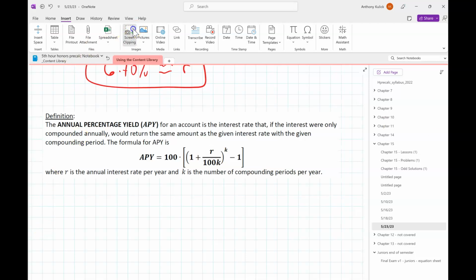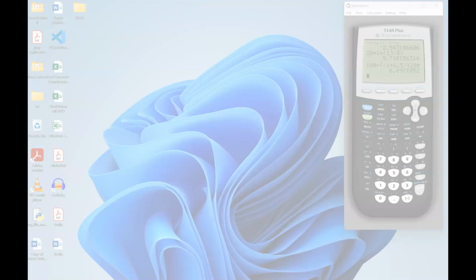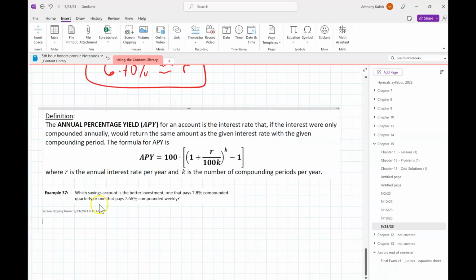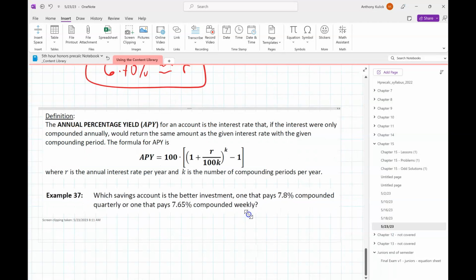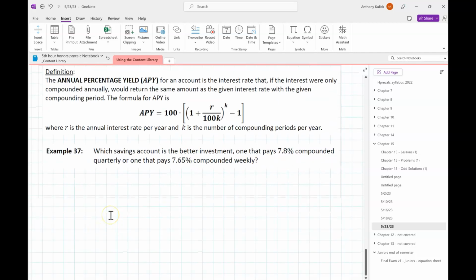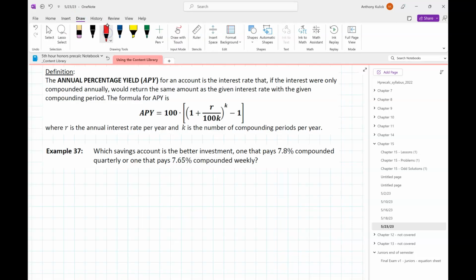So let's do a quick numeric example. So we have two situations. We have which savings account is better. We have 7.8% compounded quarterly versus 6.5% compounded weekly.